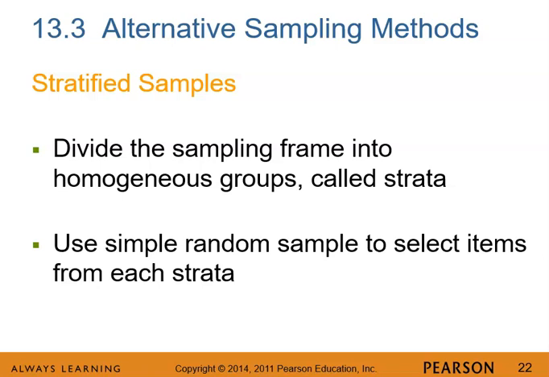Let's say we have gender, groups of male and female, and we have a class of 100 students. In our class, 70% of students are female and 30% of them are male. But what we need as a sample is equal numbers of male and female.